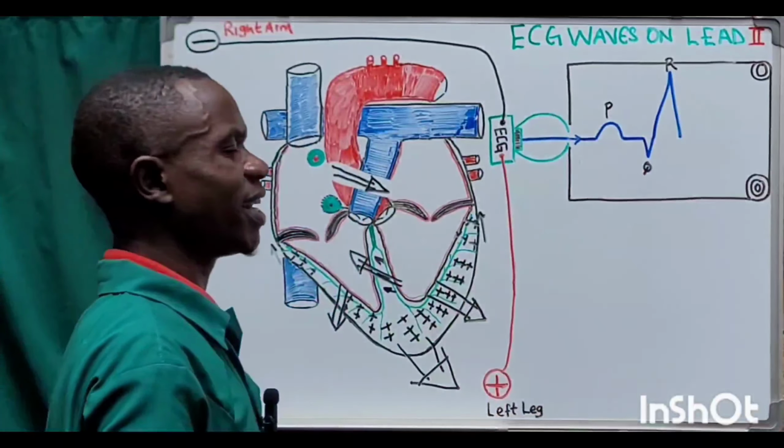This is going to give us a negative deflection. For that reason, the depolarization of the basal areas of the ventricles gives us a negative deflection, as a result of depolarization of the base of the ventricles, and this wave is what we call our S wave.